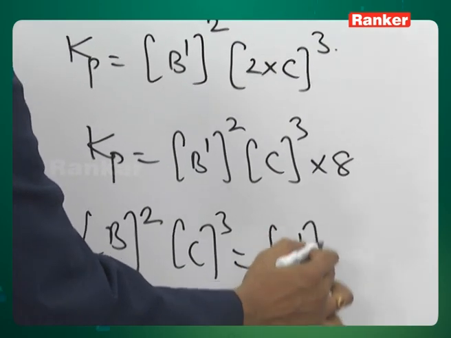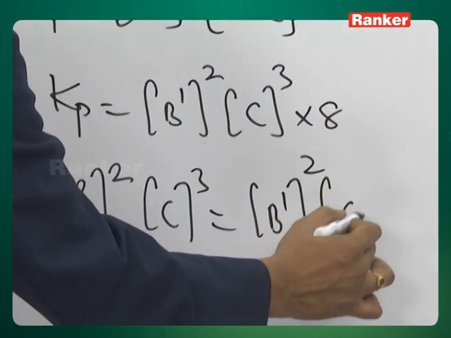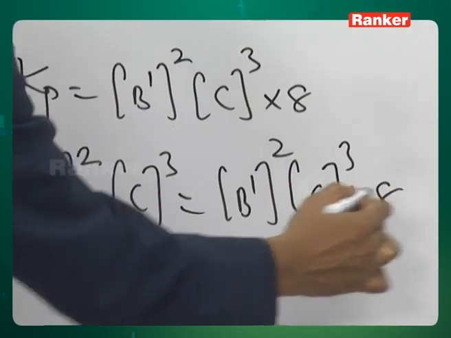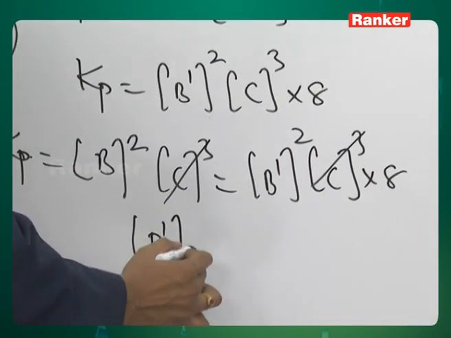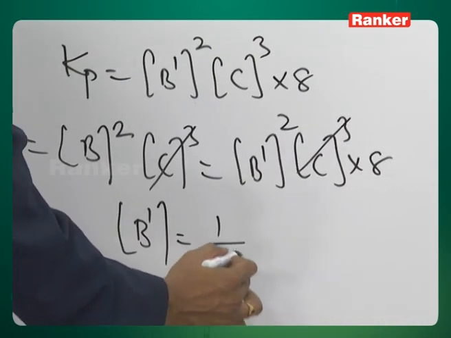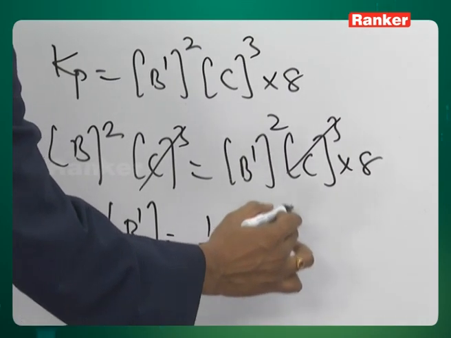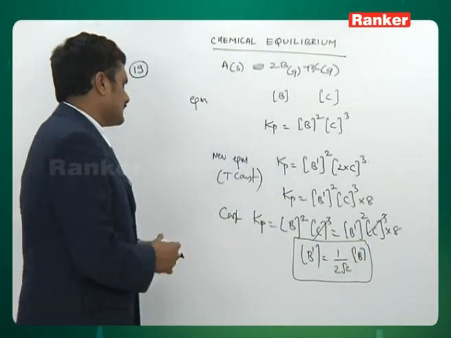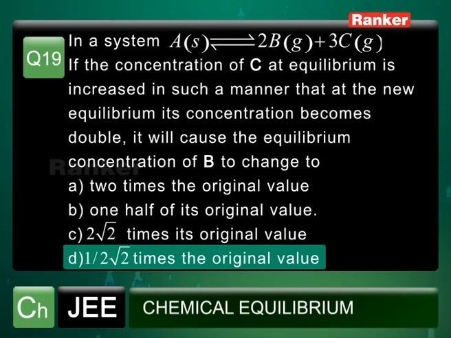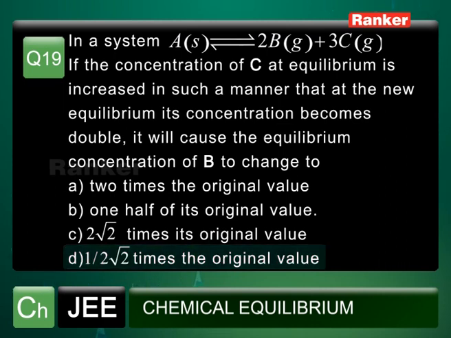B prime is the new concentration at equilibrium. So when I simplify this, B prime is turning out to be 1 by 2 root 2 times the initial concentration of B. So therefore, in this question, the correct answer is option D, where the final concentration of B will be 1 by 2 root 2 times the initial concentration of substance B.